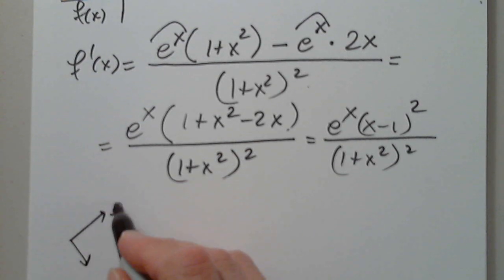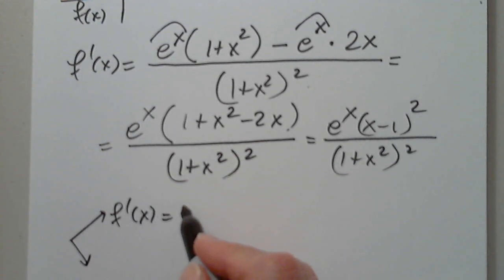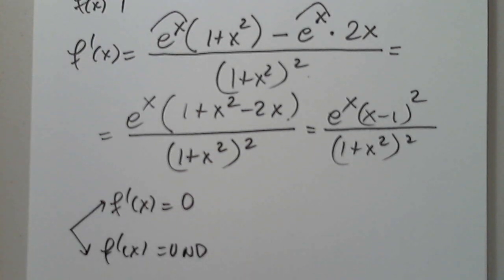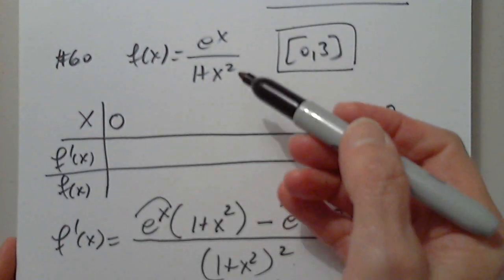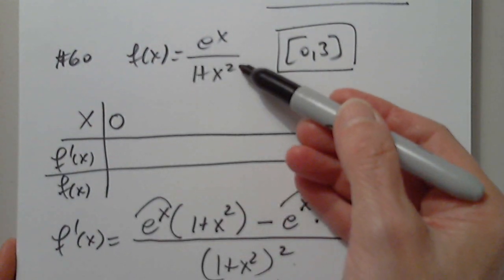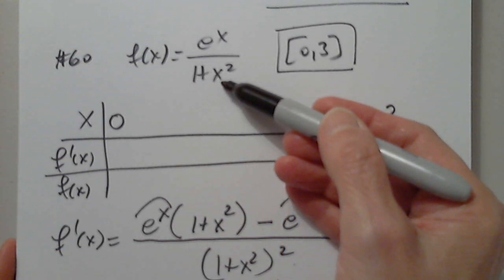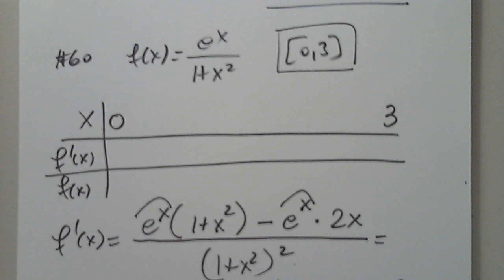Two situations: f prime of x being 0 and f prime of x being undefined. Is this ever 0? Is 1 plus x squared ever 0?